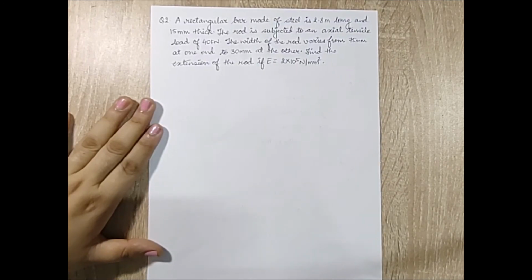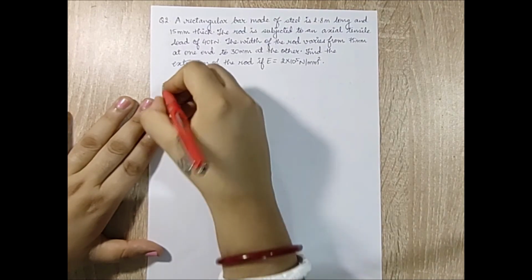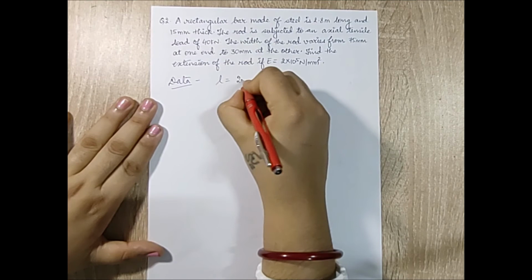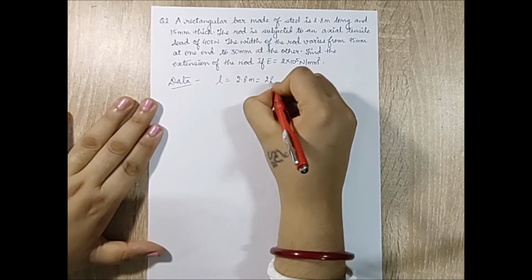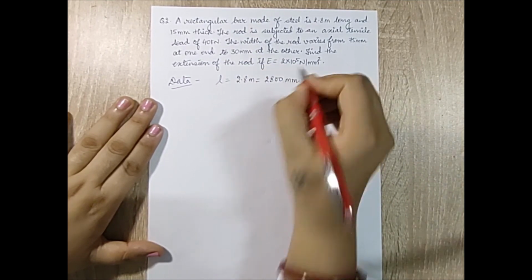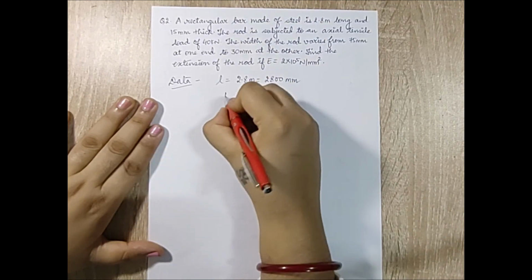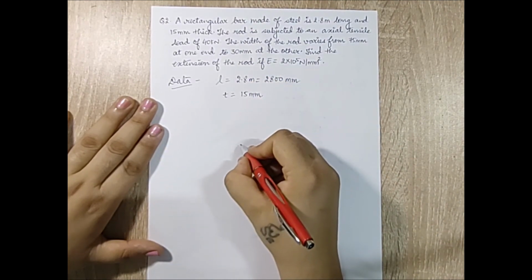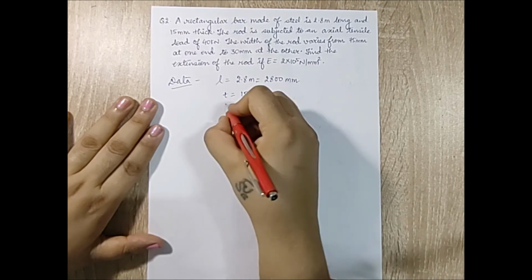Let's take up a numerical now. A rectangular bar made of steel is 2.8 meter long. So the data given is length 2.8 meter, which is 2800 mm, and 15 mm thick. So T is given as 15 mm. The rod is subjected to an axial tensile load of 40 kN.